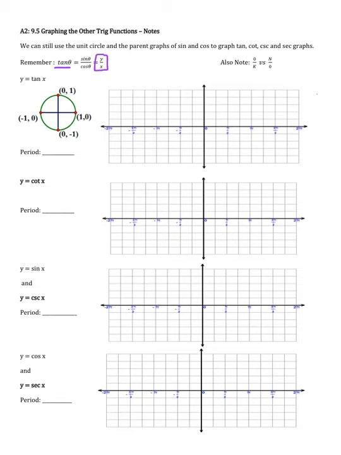So we can figure out as we go around the unit circle what the coordinates would be at 0, 90, 180, 270, etc., or 0, pi over 2, pi in radians.